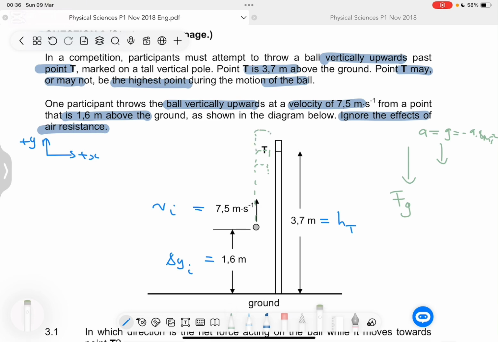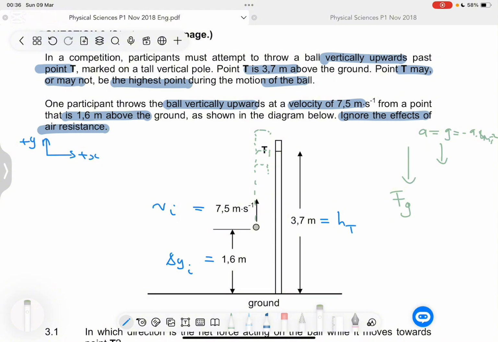So there are these three general possibilities with this ball, hence we say it may or may not. We don't know because we are not given that height, but we know that it moves with this velocity. So we are to judge in our calculations whether this velocity will make it reach this height or that height or even that height. I'm done with interpreting my problem.